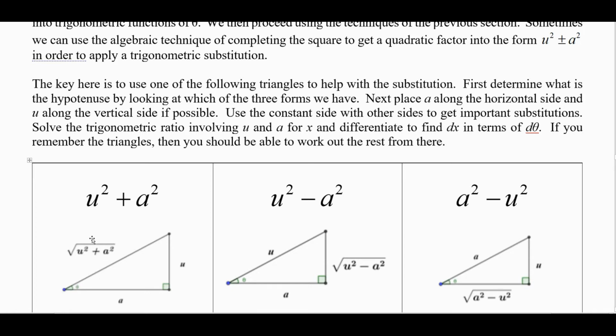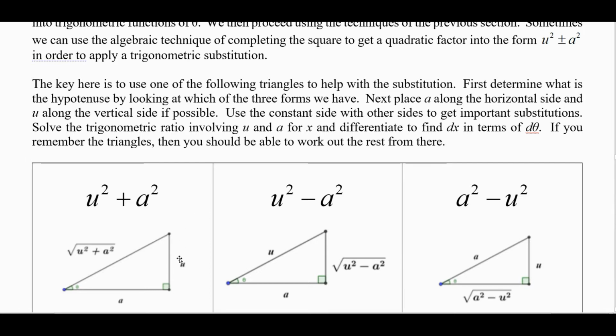Now, since we have this, we don't really have a choice of where to put the square root of u squared plus a squared. We could possibly set this up with u as the horizontal side, or the constant on the vertical side. When you're given a choice, you're going to let the u be the vertical side.